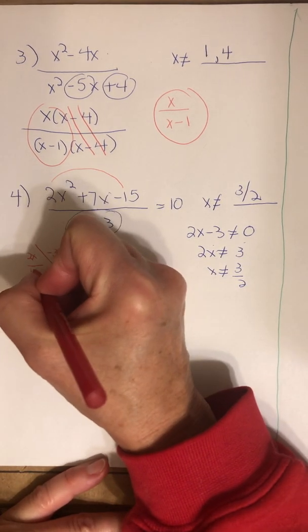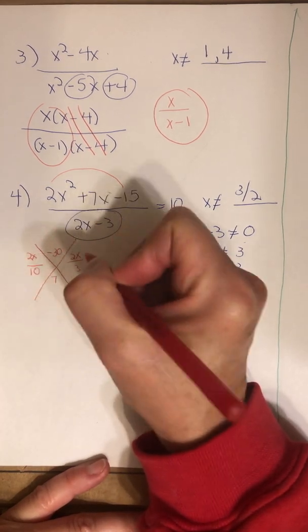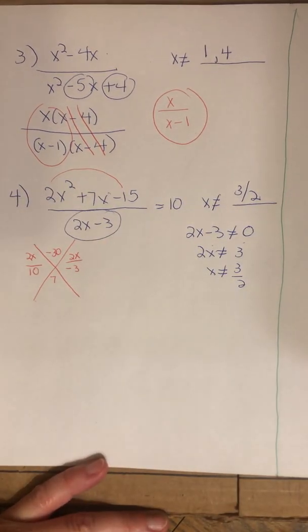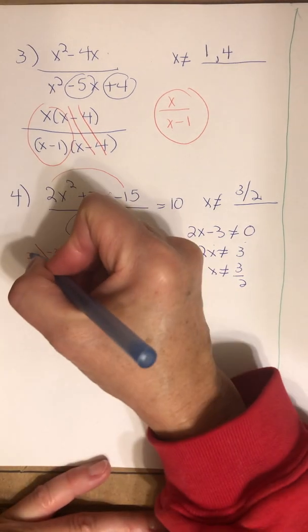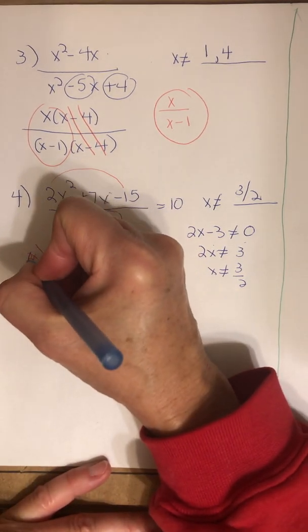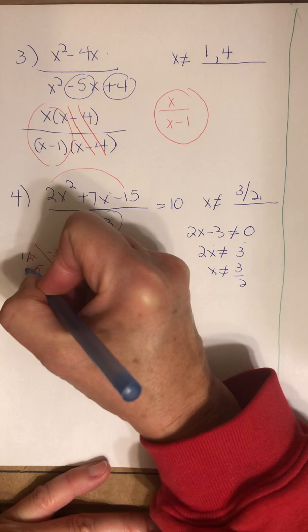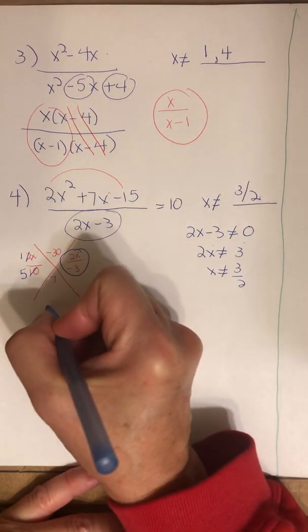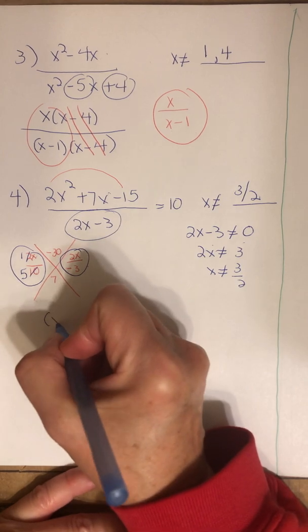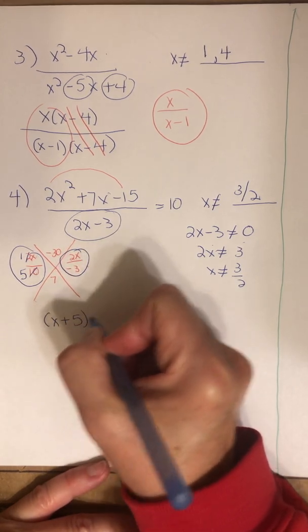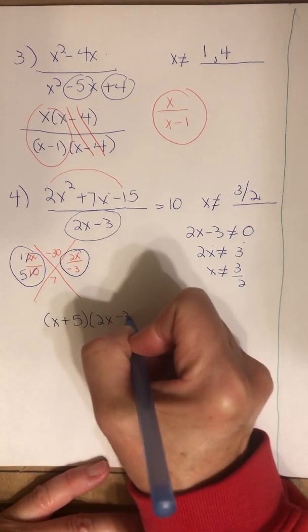Let's see, that would be 10 and 3, and the 3 would be negative. So 2x over negative 3 is fine like it is, but here 2x over 10, we can actually cancel a 2. And so our factors in our numerator are x plus 5, 2x minus 3.